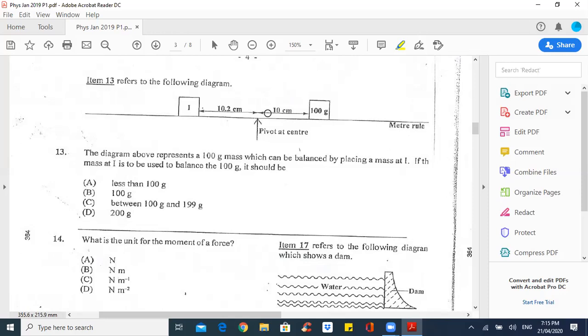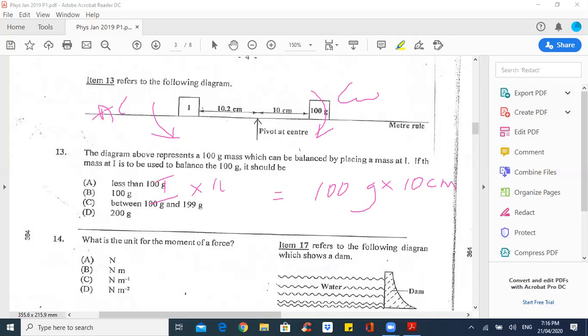So if we find the moment, it's going to be 100 by 10 on one side, and then you're going to have I by 10.2 on the other side. And we know that the sum of clockwise moments must be equal to the anti-clockwise moments. So this is your clockwise direction here, and this is anti-clockwise. So 100 gram multiplied by 10 cm is equal to I multiplied by 10.2 cm.